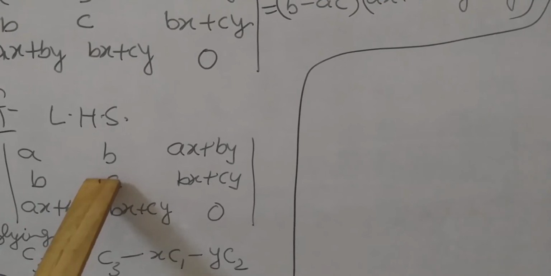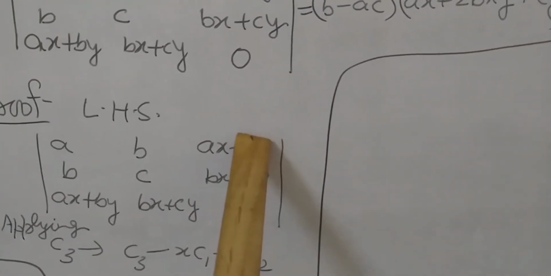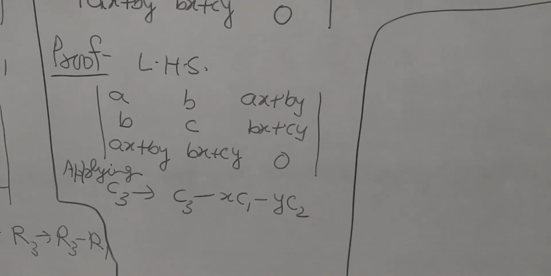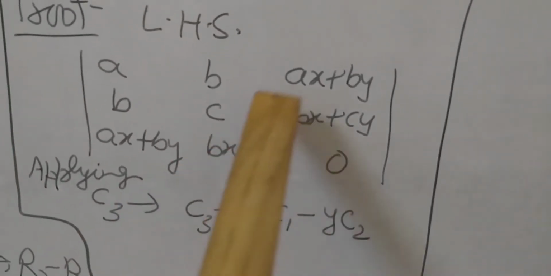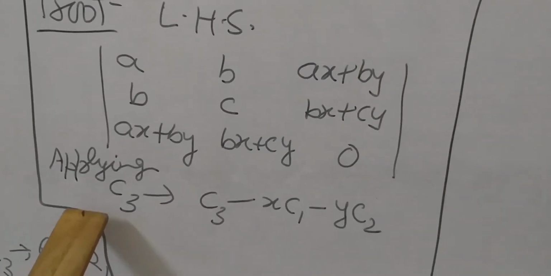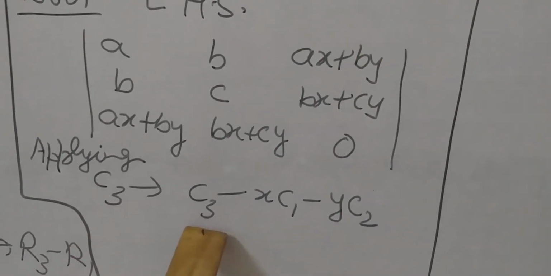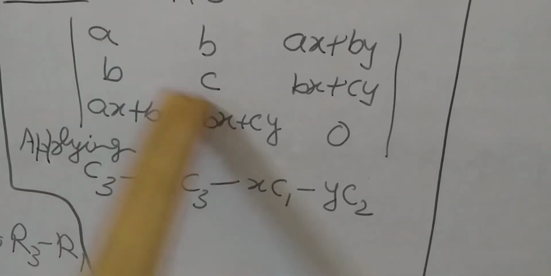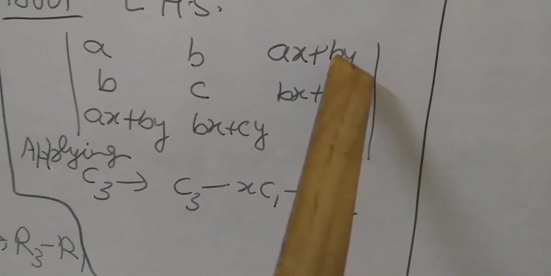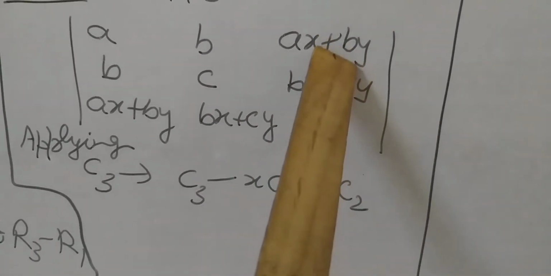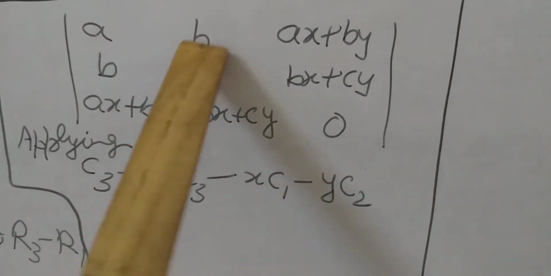Now students, as I told you, we will try our best to get the answer or to get 2 zeros. So if I apply this property, C3 tends to C3 minus XC1 minus YC2, we are going to change C3. C3 tends to C3 minus XC1 minus YC2.